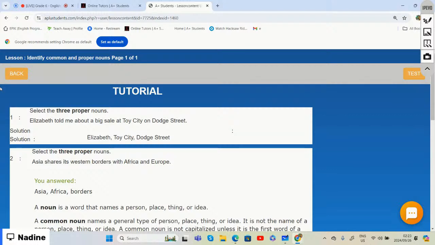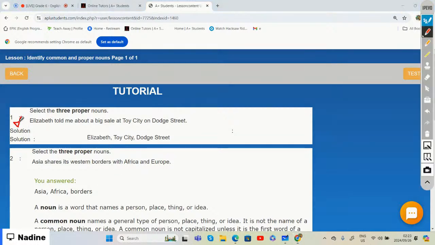What are the three proper nouns within the sentence?